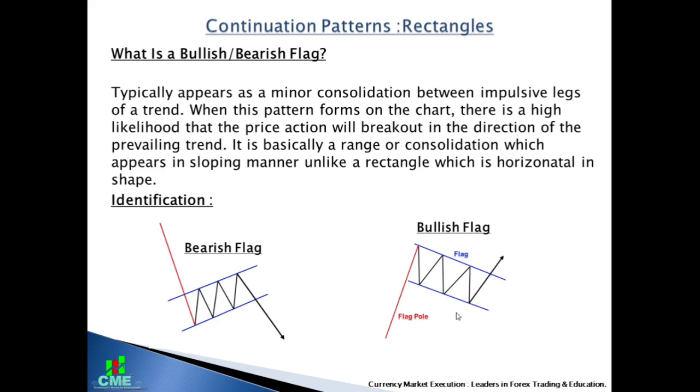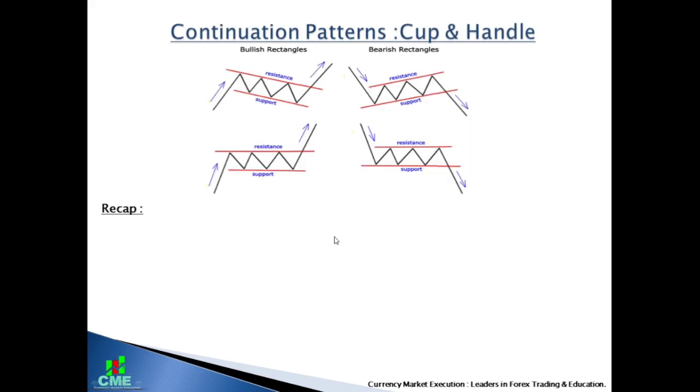Like I said, it's just up to you. But to me, when I look at it, it is exactly the same as a rectangle, and I would trade it the same as a rectangle. So you would have only one opportunity that you're waiting for, or you can just trade within the range where you will have more opportunities as opposed to only one opportunity.